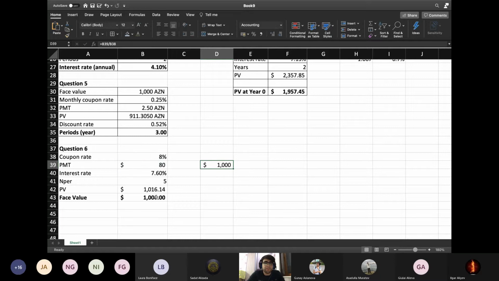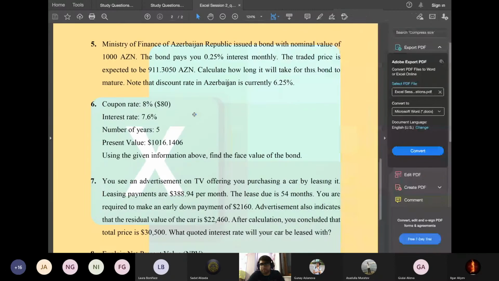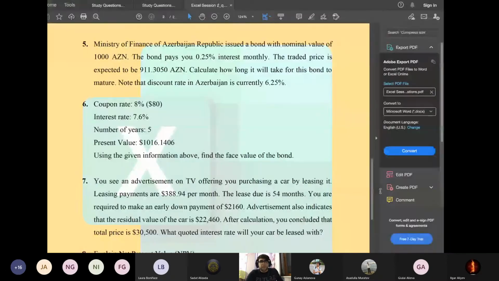You can find it in this way. I just showed you how to use the formula so that you know the formula of future value. You can divide also like that. Clear?